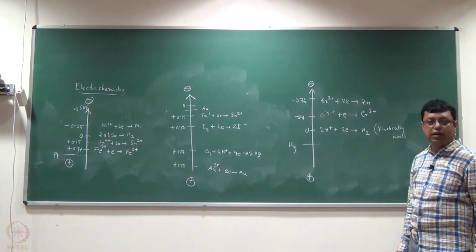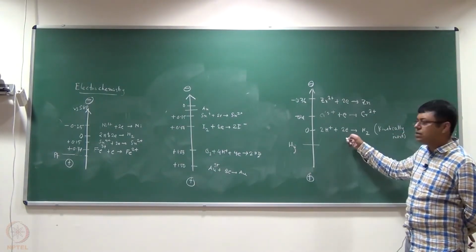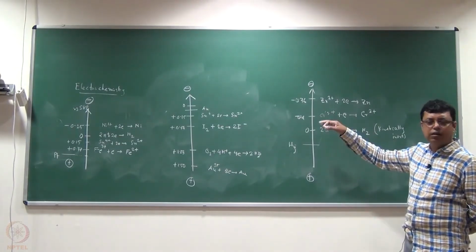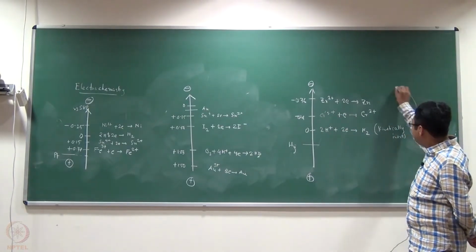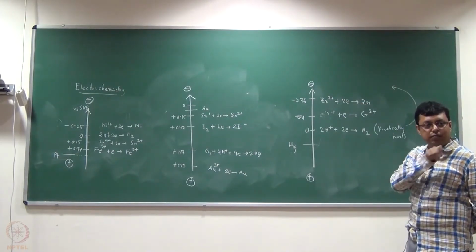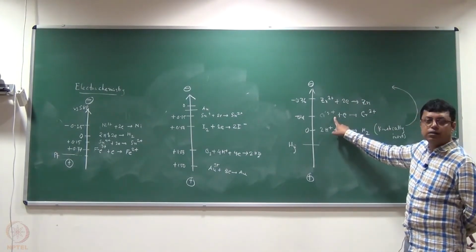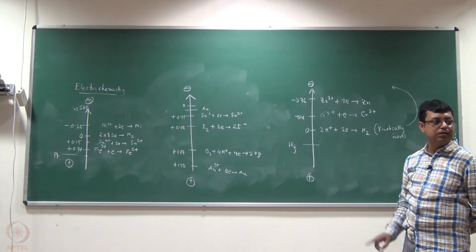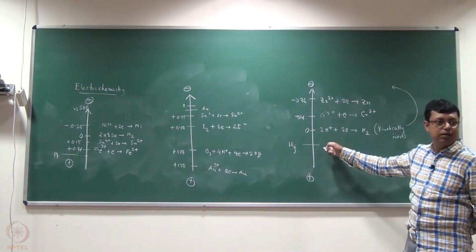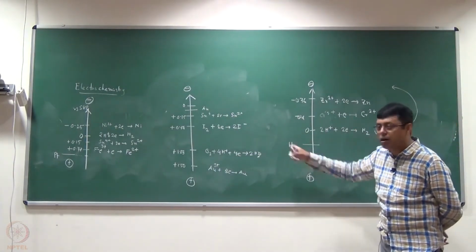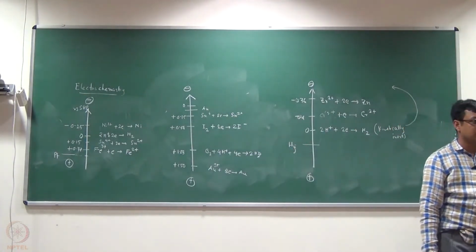In reality, I showed you, it comes at around -1. So experimentally it will come somewhere here. When I'm scanning, first I will see this, second I will see this, and then at a very high potential I will see this reaction happening. Why? Because this reaction is kinetically inert for the mercury interface.